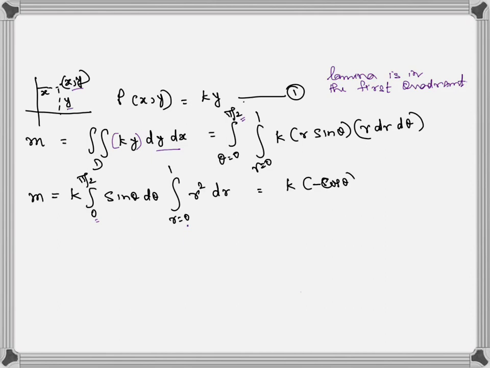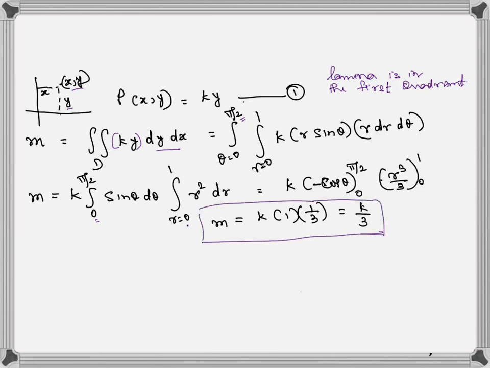It's k times negative cosine theta between 0 and pi by 2, times r cubed over 3 between 0 and 1. Plugging in the upper and lower limits, it's k times 1 times 1 over 3, which is k over 3. So that is the mass.